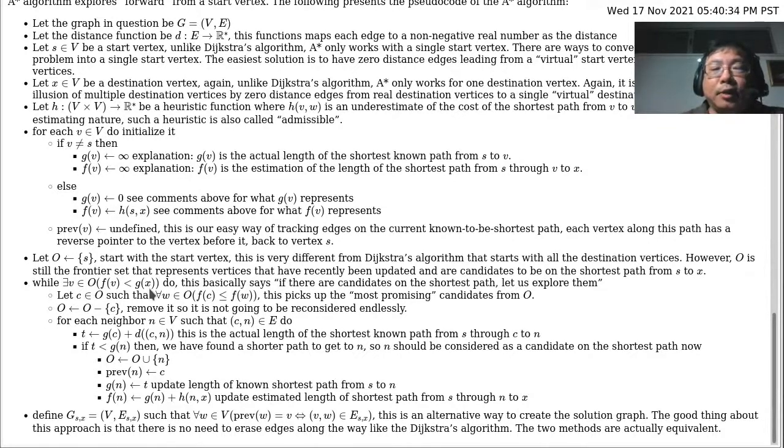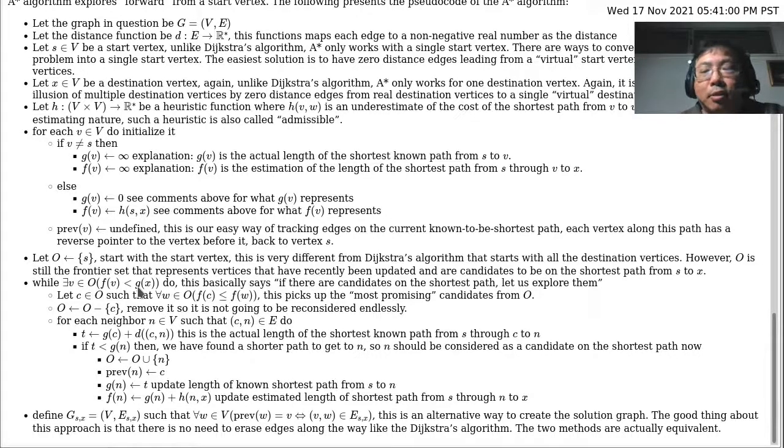And then f of v is an estimate of the shortest path from the starting point to some vertex v, and then the estimate from vertex v to the destination. So if f of v is less than g of x, that means there is a potential, not always, right? I mean, there's no guarantee, but there's a potential shorter path to the destination vertex.